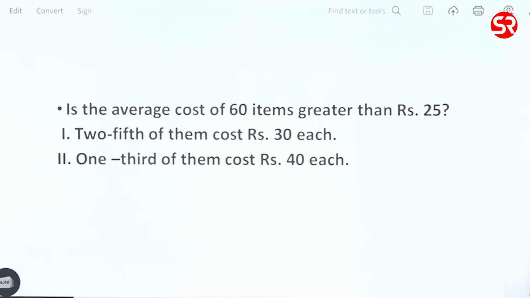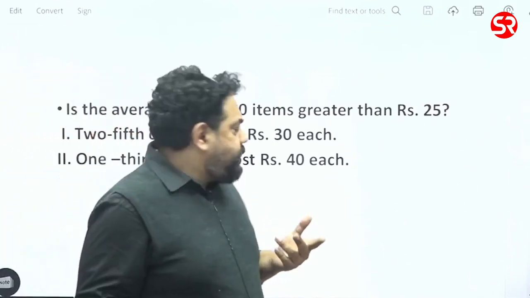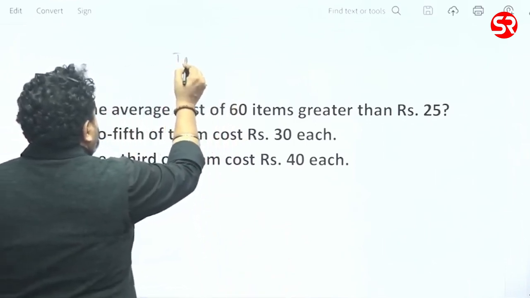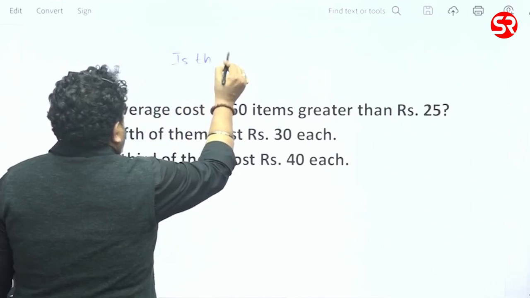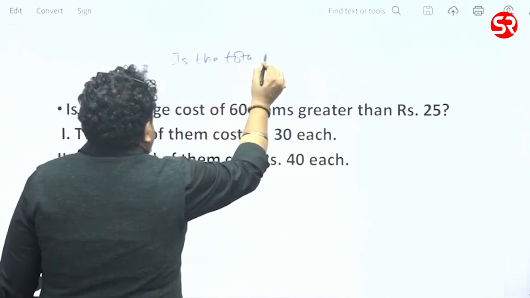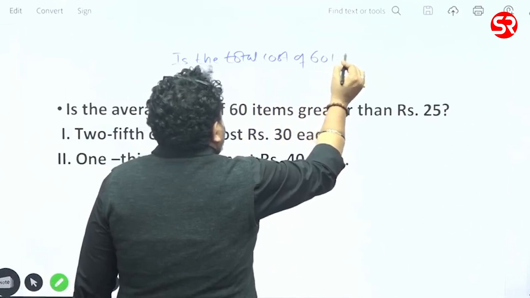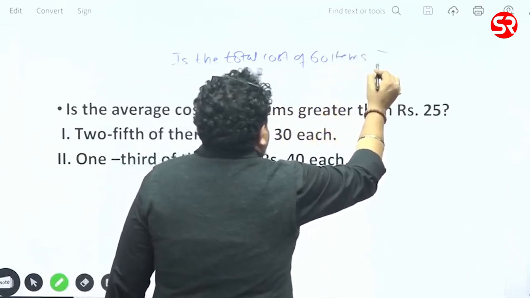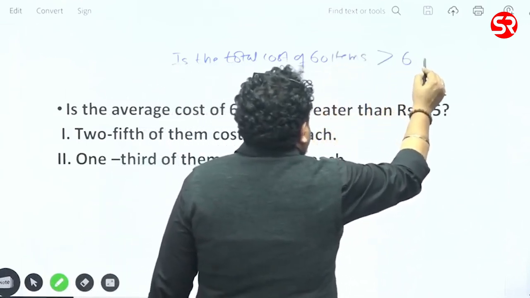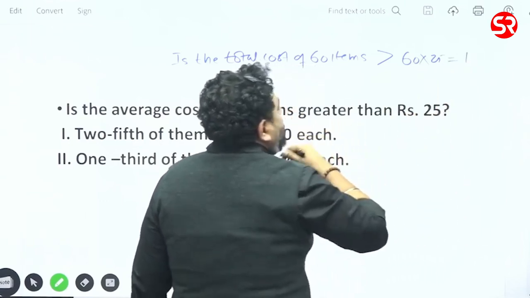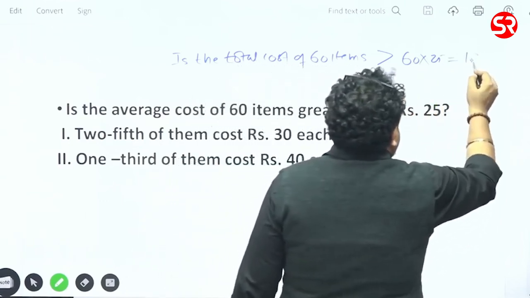Let's see. He says, is the average cost of 60 items greater than 25? Which means the question is exactly, is the total cost of 60 items greater than 60 into 25, which comes out to be 1500. And guys, 1500.